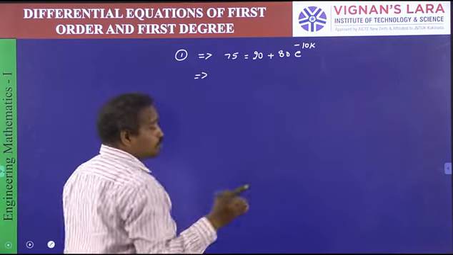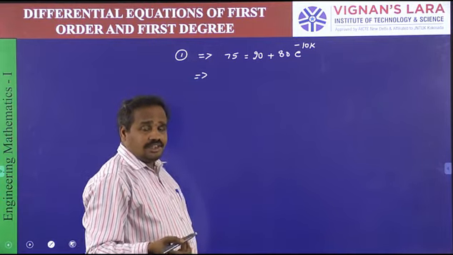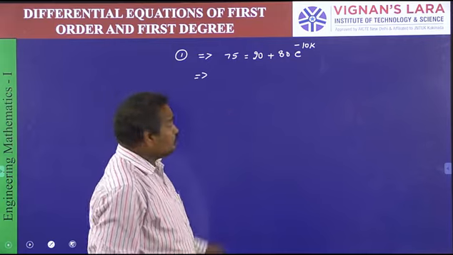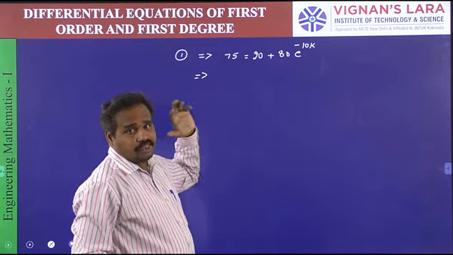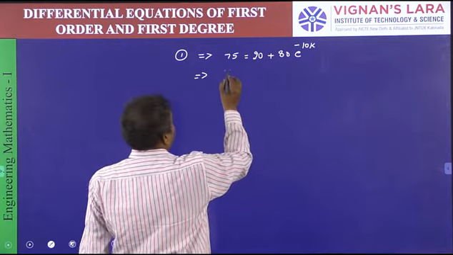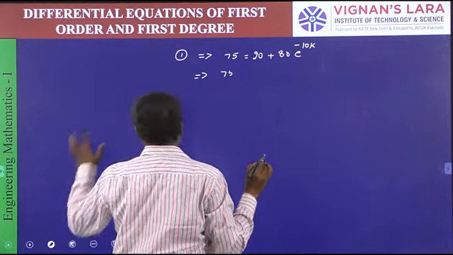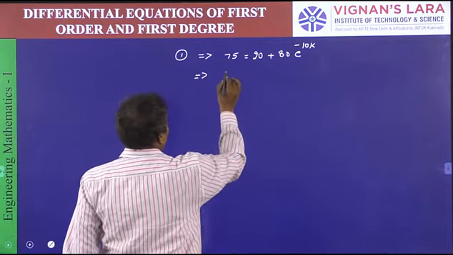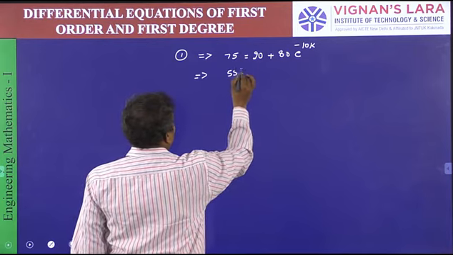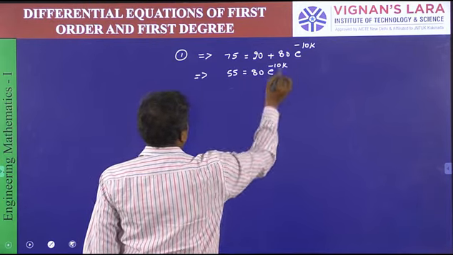Here we have two problems. In one problem we have to calculate time. In another problem we have to calculate the temperature. So that's why I will calculate e power minus 10k as well as k value also. Then 75 minus 20, what is the value of 75 minus 20? 55 is equal to 80 into e power minus 10k.